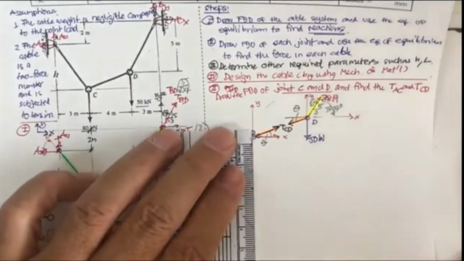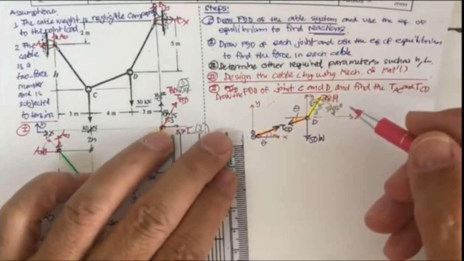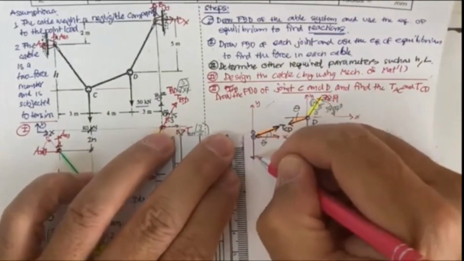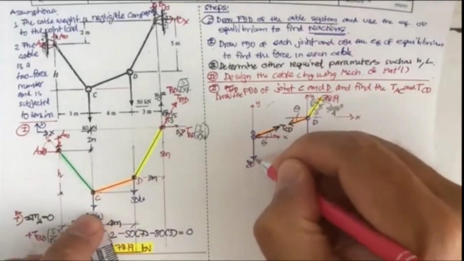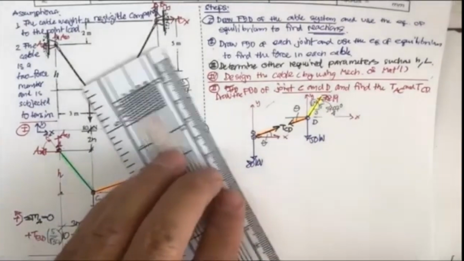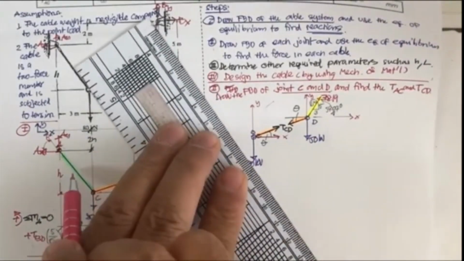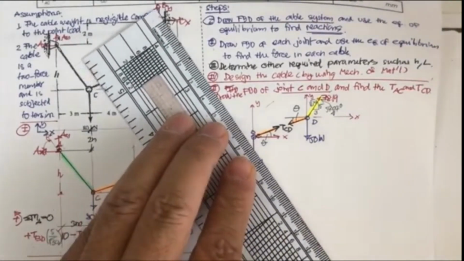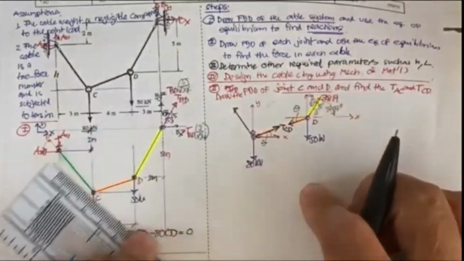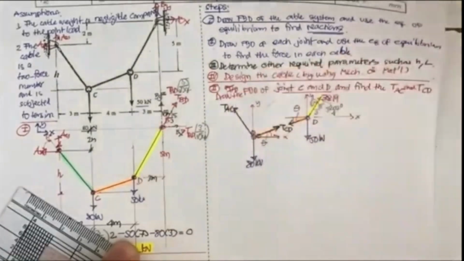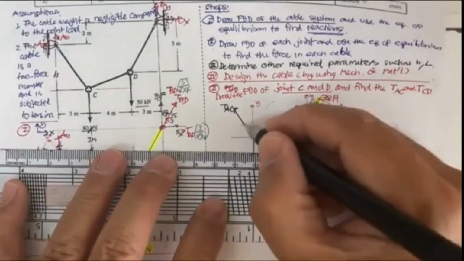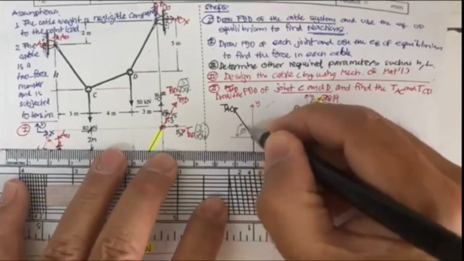And at the point C, let's see, we have the force here of 80 kilonewton. And also it has the unknown force here, the green one, and the direction is going to be like this. That is going to be T sub AC. And also you don't know the angle of this, so let it be free.